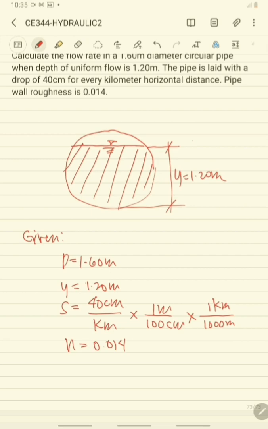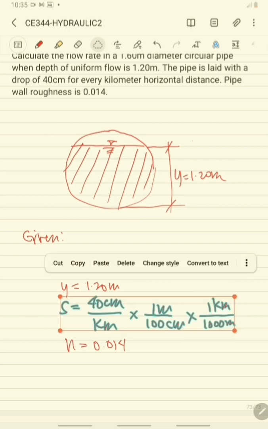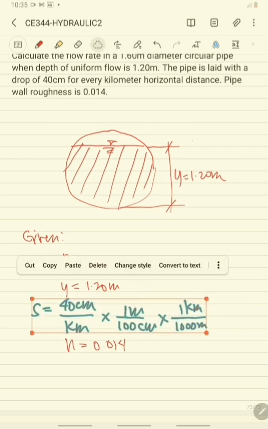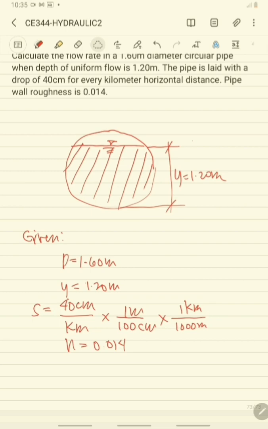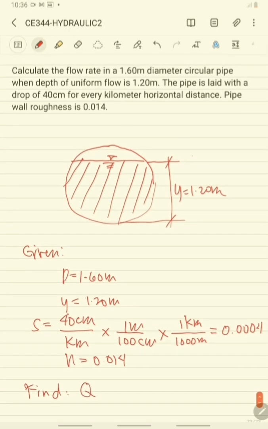So our slope is equal to 0.0004. Then we have to find the discharge. The flow rate, this is what we are going to find.